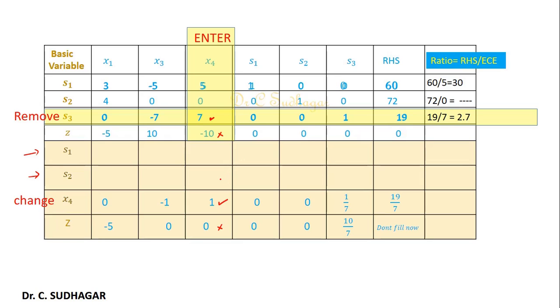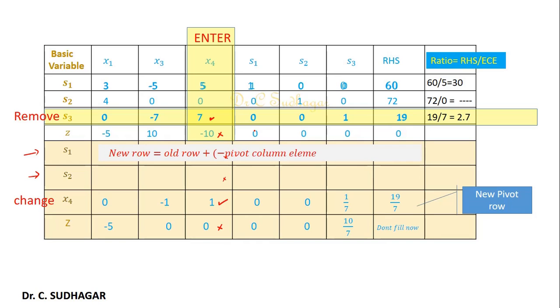Our aim is to make the pivot element 1 and all the numbers in the same column 0. How to make it 0? For that we have given the rule. Take the new pivot row and the old row plus minus pivot column element into new pivot row. That is the rule. When you apply this rule, these two places will become 0.